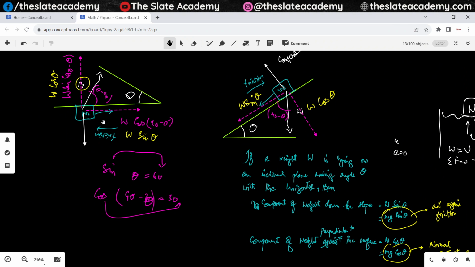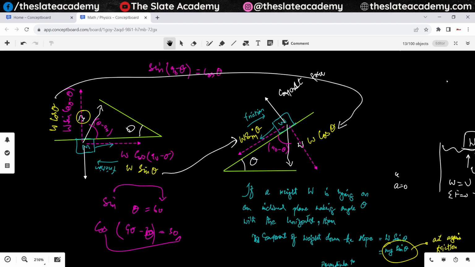In this diagram we made the inclined plane the horizontal. So this W sine theta that we found out is this over here. Let me draw an arrow. This we found, and this vertical component that we found out is this one.